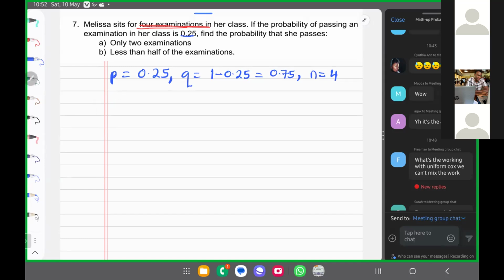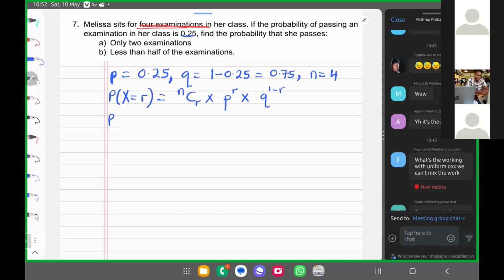Now, the probability of passing 2 examinations. First of all, from the formula, we know that the probability of X being equal to R is got by taking N combination R times P power R times Q power N minus R. In this case, our R is 2, because we're looking at just 2 examinations.